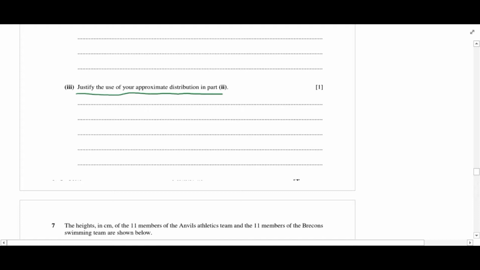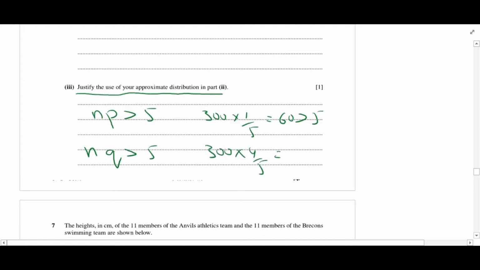Okay, in this question we have to justify our approximation. Even though I have justified it in the previous part, for justifying it, we just need to show that np should be greater than 5. Since n was 300 and p was 1 upon 5, that is 60, which is greater than 5, and also nq should be greater than 5.